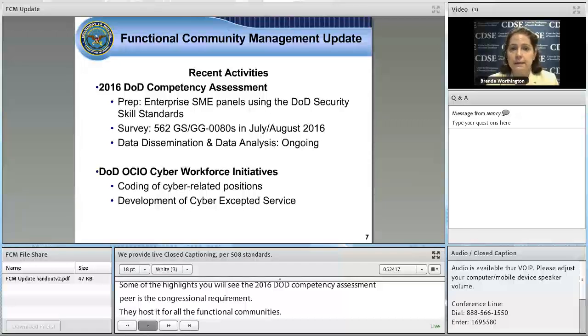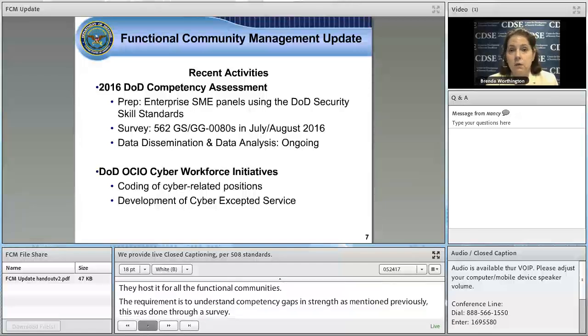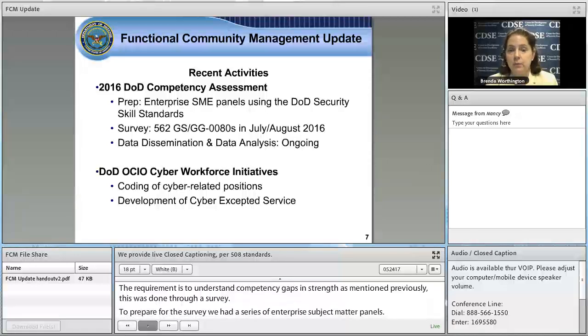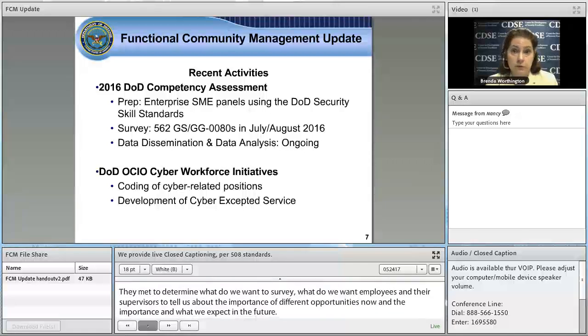To prepare for that survey, we had a series of enterprise subject matter expert panels that met to determine what we want to survey, what we want employees and their supervisors to tell us about the importance of different competencies now and what we expect the security professional will need to know in the future. So how competent do we see ourselves now, and what is important to know going forward?